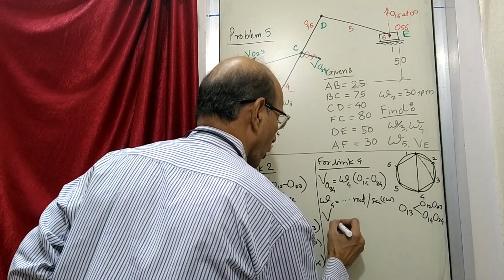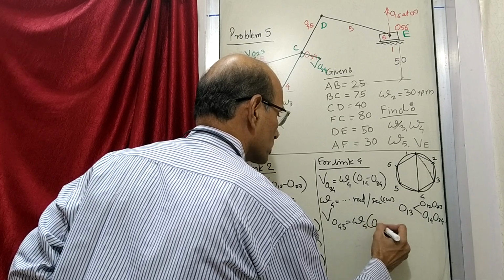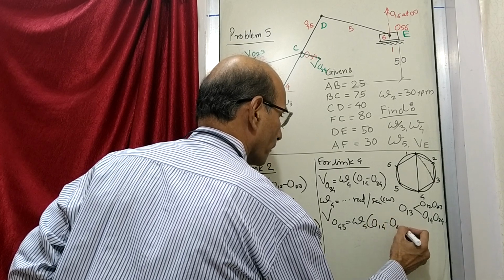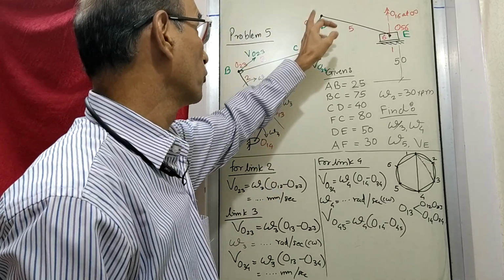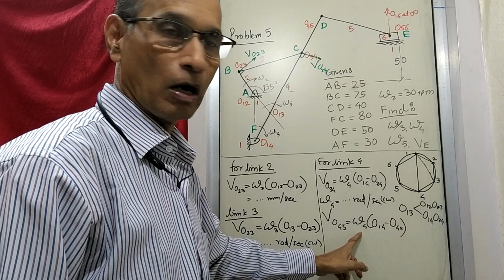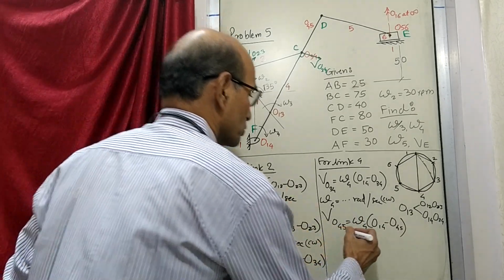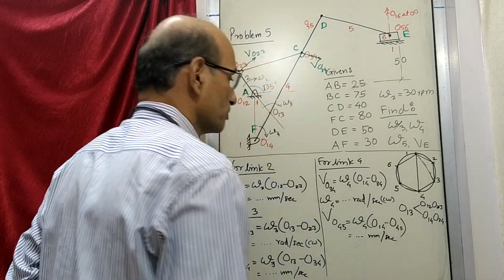So the velocity of point O45 is equal to omega 4 times the distance from 14 to 45. So the distance is known, and the angular velocity we have just now found out, so you can now find out the velocity of 45. So much millimeters per second.